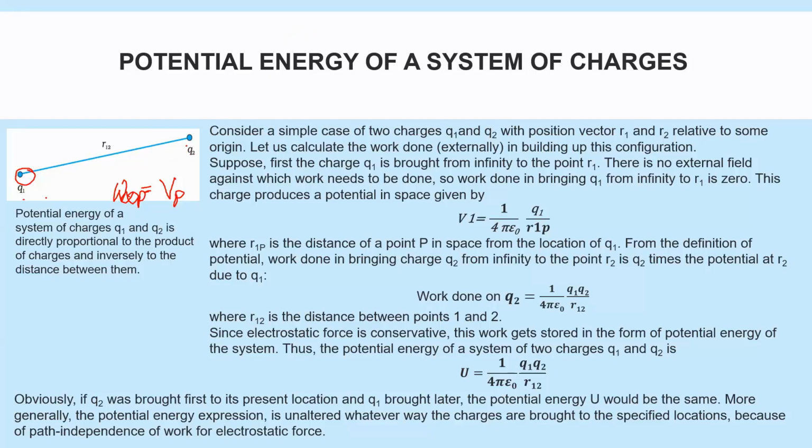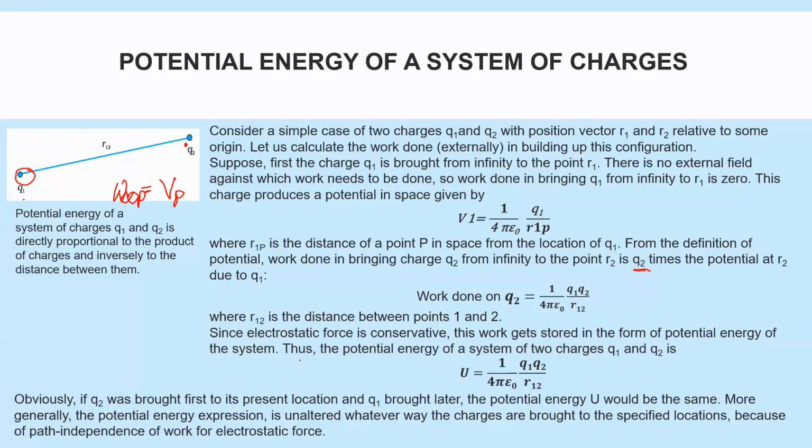So the work done on Q2 is 1 upon 4 pi epsilon 0 Q1 Q2 by R12, where R12 is the distance between points 1 and 2.